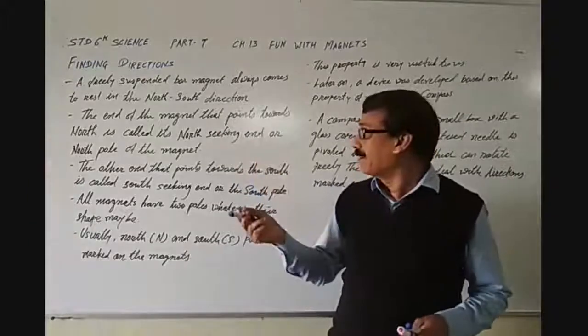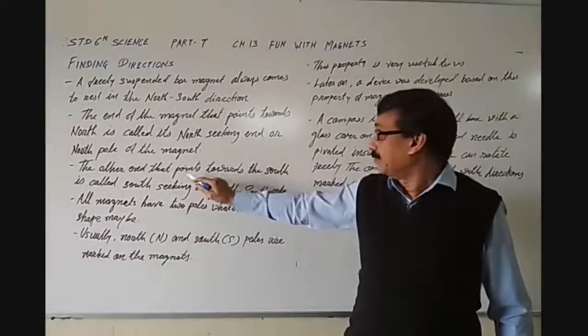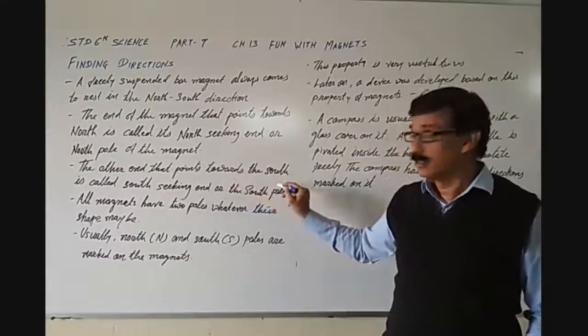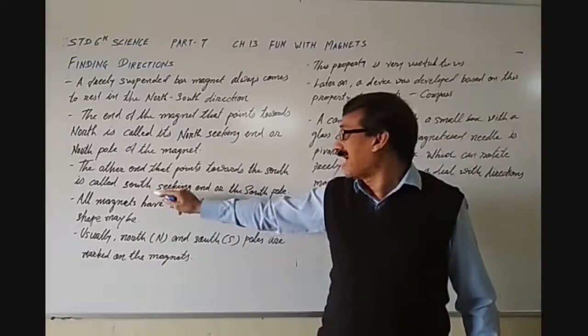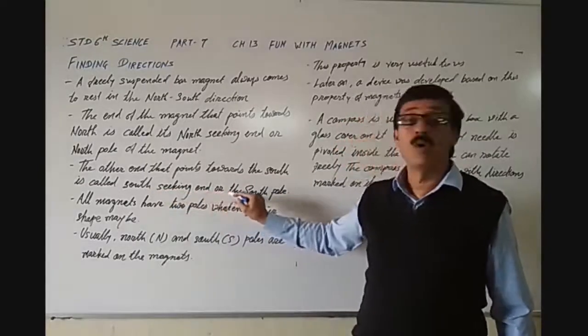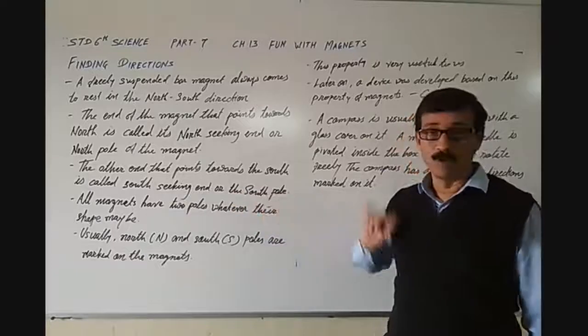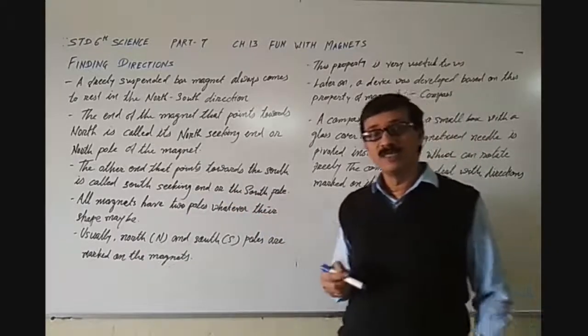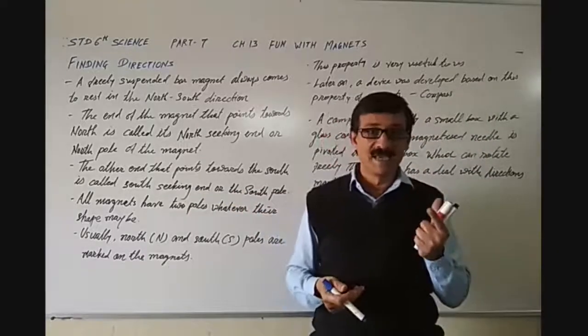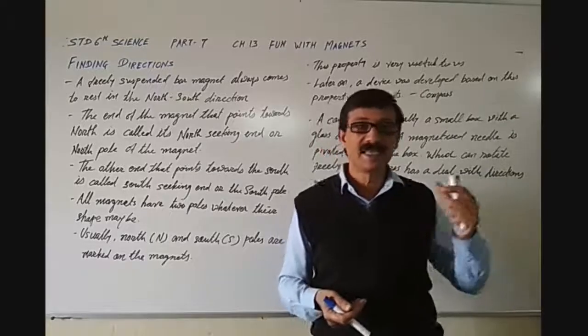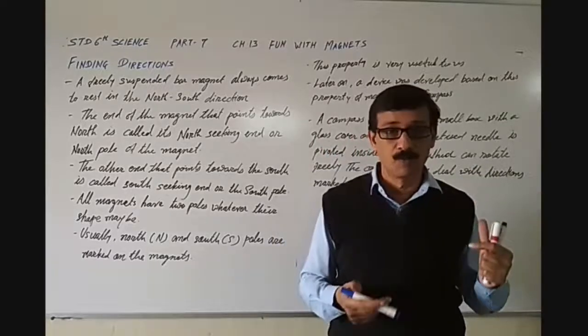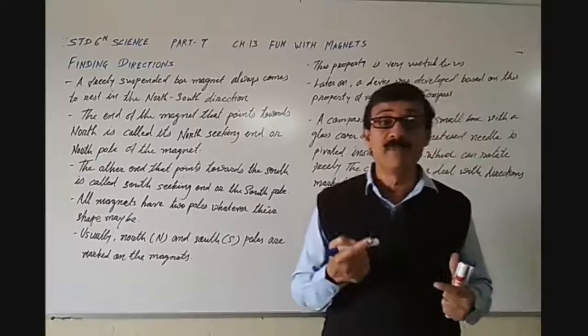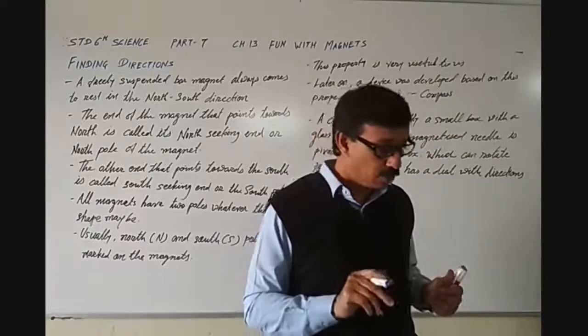Then the other end, which points towards south, is called the south-seeking end, or we can say south pole. So we come to know the two ends of the magnet. One end of the magnet is called the north pole, and the other end of the magnet is called the south pole.